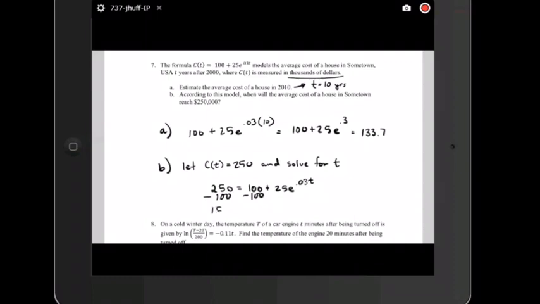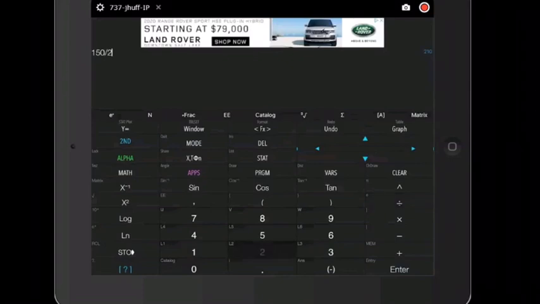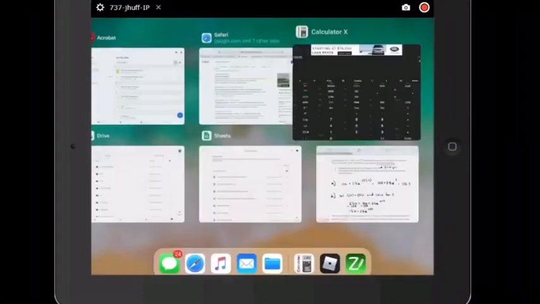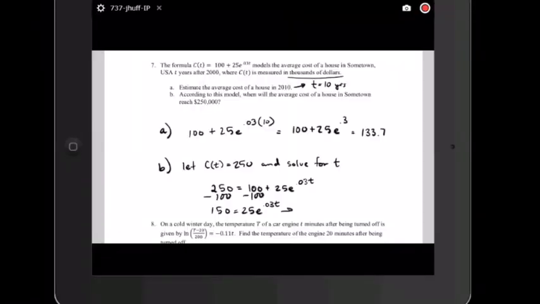That's 150 equals 25e to the 0.03t. Now divide by 25. 150 divided by 25 is 6. So now we have 6 equals e to the 0.03t after dividing by 25.